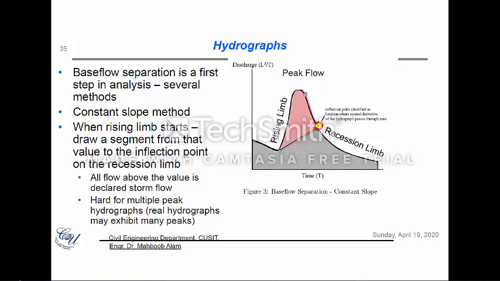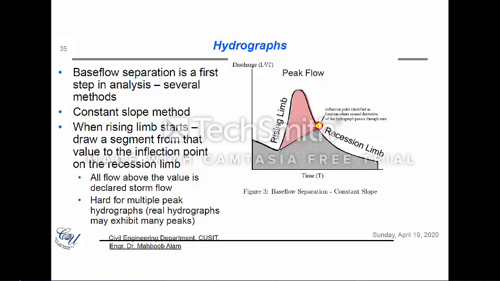You have the curve in this direction, and the point after that changes its slope, and that is usually called the inflection point.